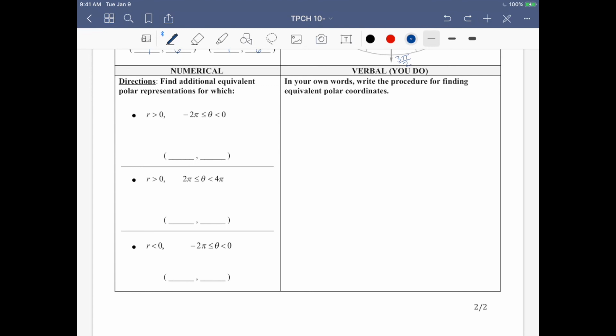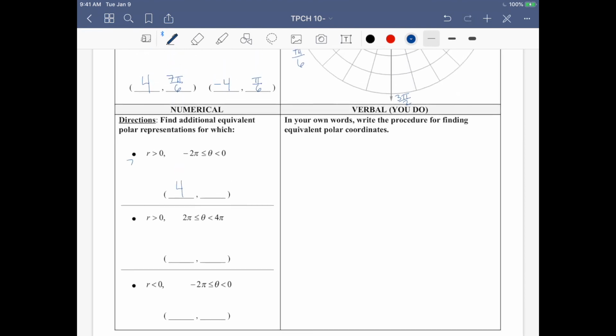So if r is positive, then I'm going to take the positive 4, which means I'm going to start with angle 7 pi over 6, and then I'm going to subtract 2 pi, which I'm going to write as 12 pi over 6. 7 minus 12 is negative 5 pi over 6. Okay, well 7 minus 12 is negative 5, but then I have the pi over 6. So that is the polar coordinate that I am looking for.